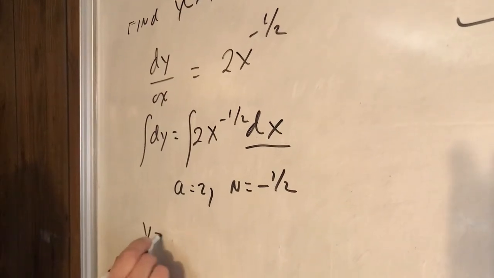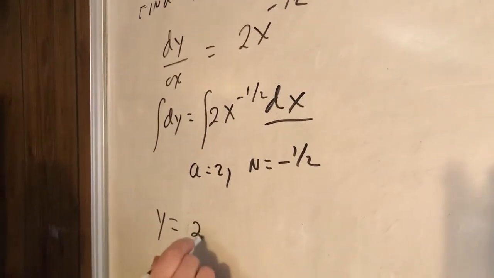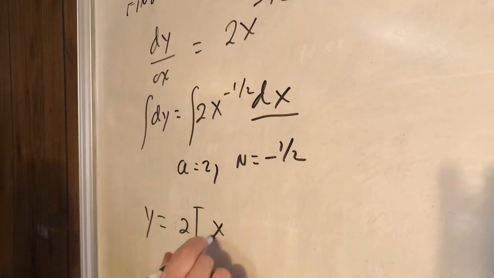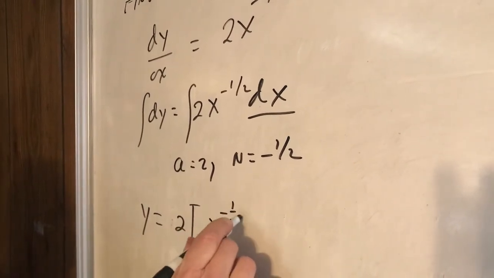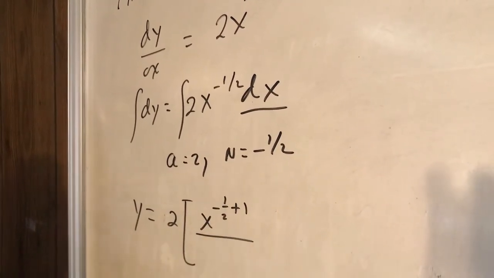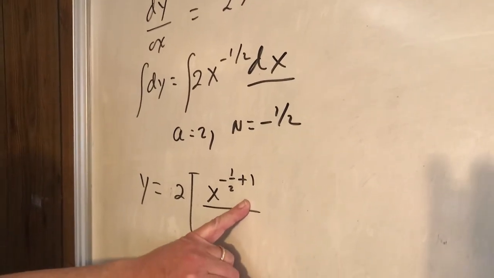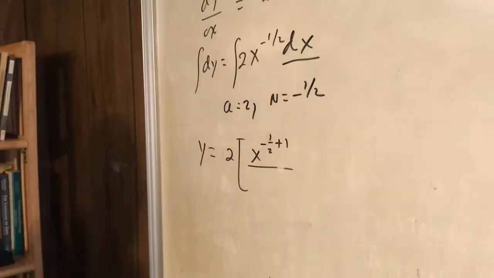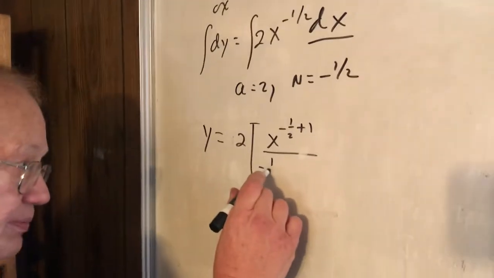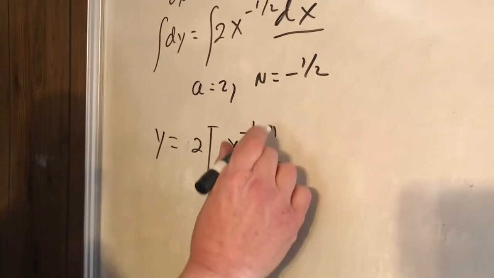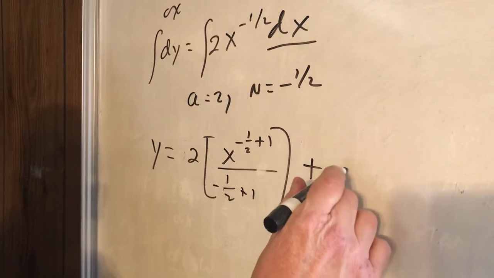So y is going to be equal to 2x to the minus 1/2. Don't forget this is plus 1. Remember, with the derivatives we were subtracting. Since we're going backwards, we're adding. One of the biggest problems when people go from one to the other is forgetting plus the constant.